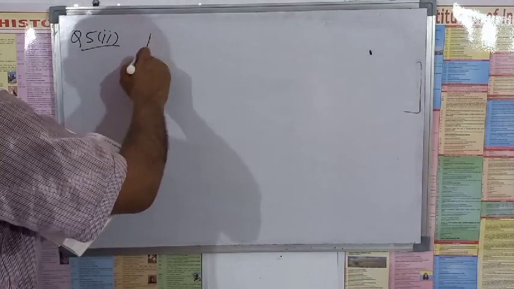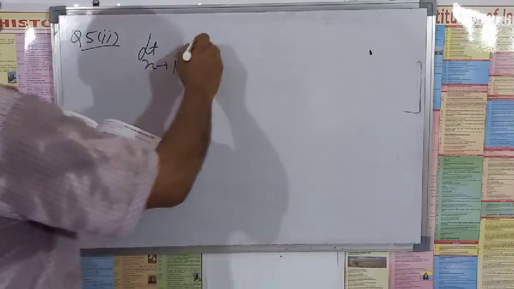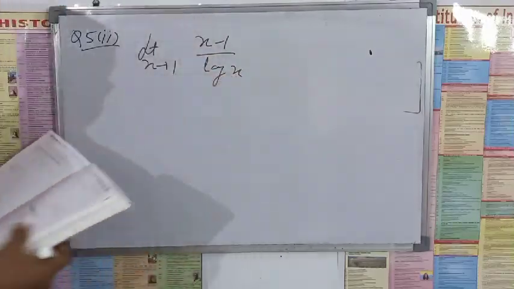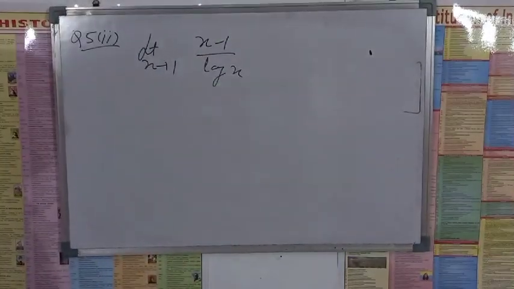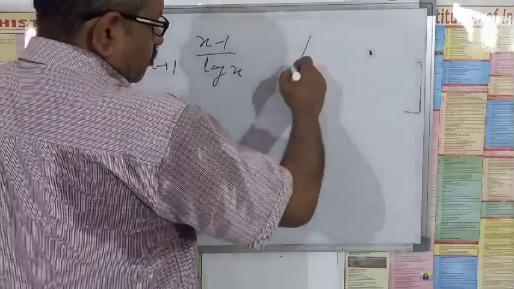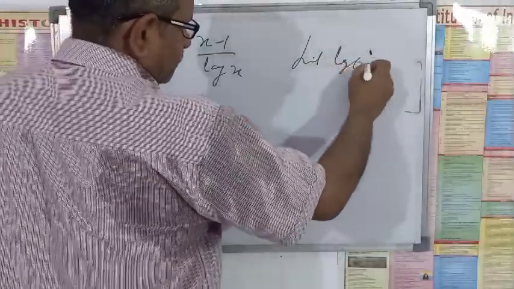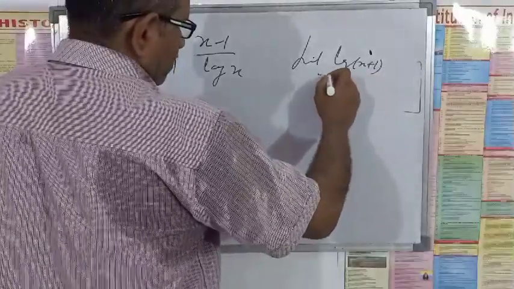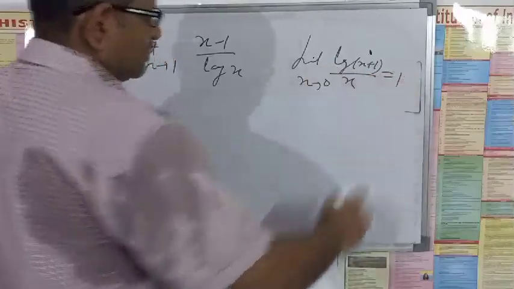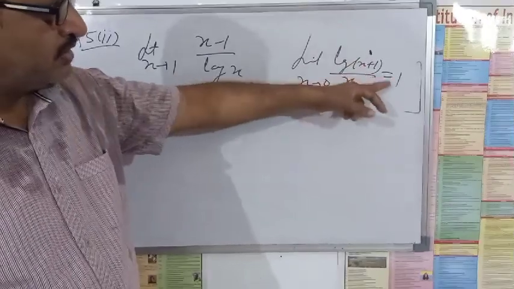It is given limit x tends to 1, x minus 1 whole upon log x. Here we have to apply the limit of log x plus 1 upon x, x tends to 0, its value is 1, or x upon log x plus 1, value is 1.